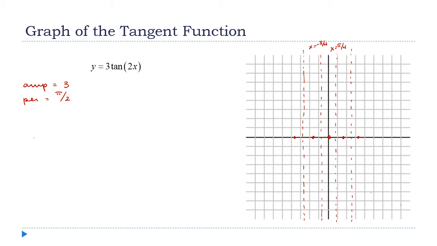It means the graph is going up faster. It's a little difficult to draw, right? So the best I can do is just kind of make it slightly closer to a straight line. Remember, we're just sketching these things anyway, right? There, and I'll do one more there, right? Something like that. That's what 3 tangent 2x looks like.